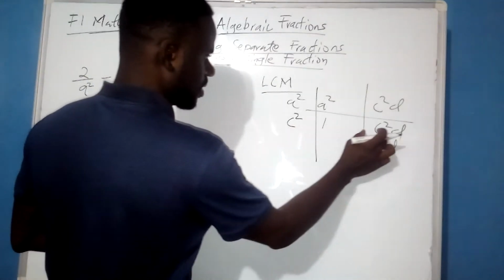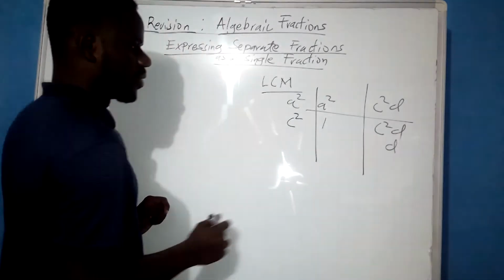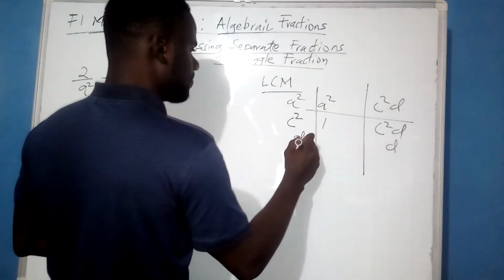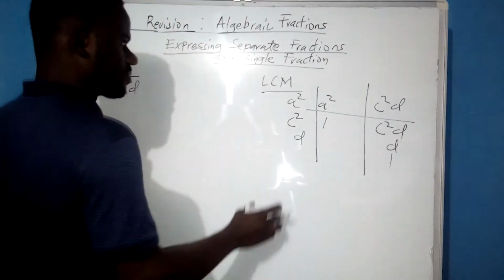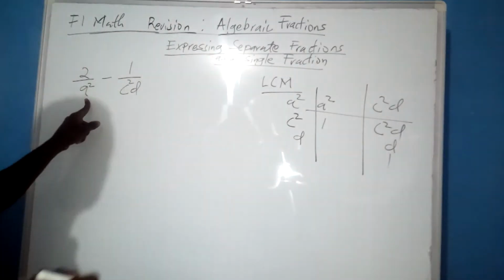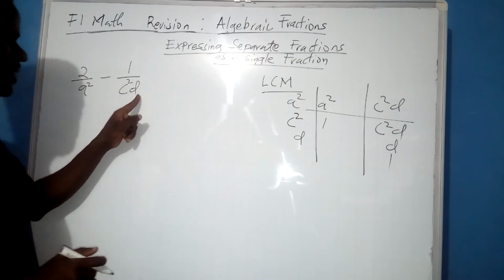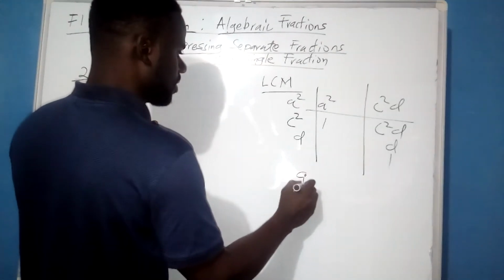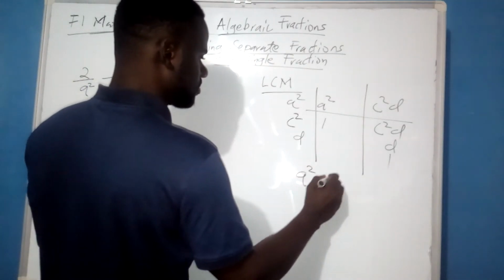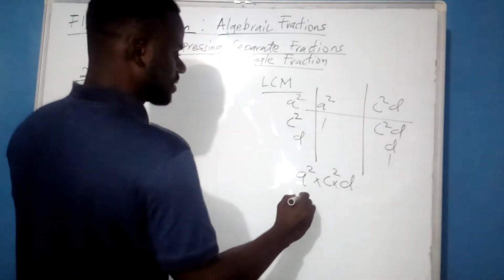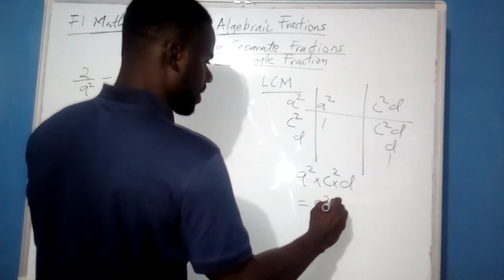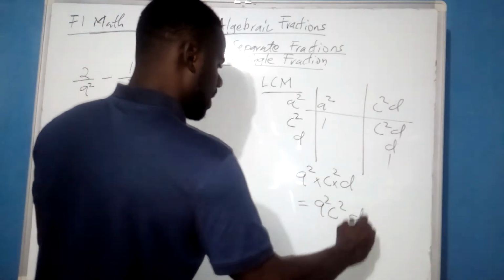Remember, this c squared will cancel with this c squared. Finally, d can divide d once. So the LCM of a squared and c squared times d will be a squared times c squared times d. And that LCM will simply be a squared, c squared, and d.